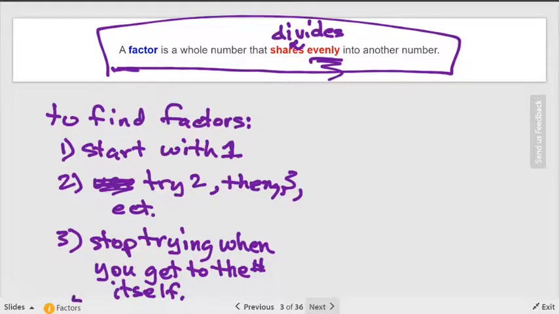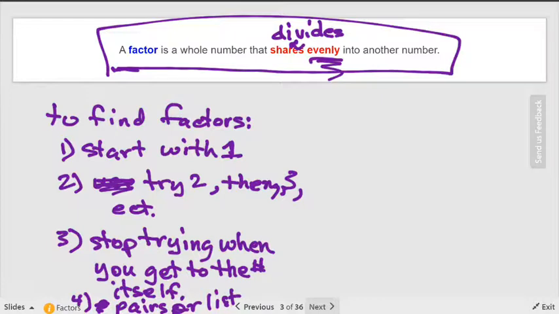They're usually written as pairs, or you can make a list. So your final answer can be written as pairs. Pairs means how many numbers? 2 is a pair, right? Or you can write them as a list. I'm going to show it to you both ways.